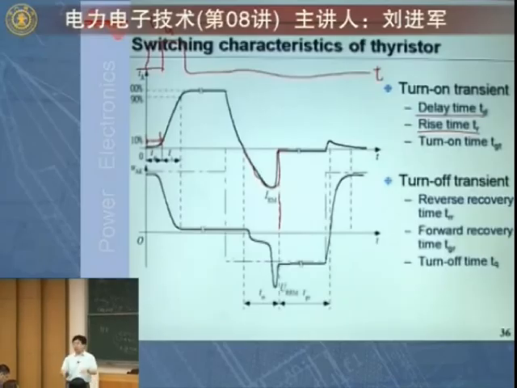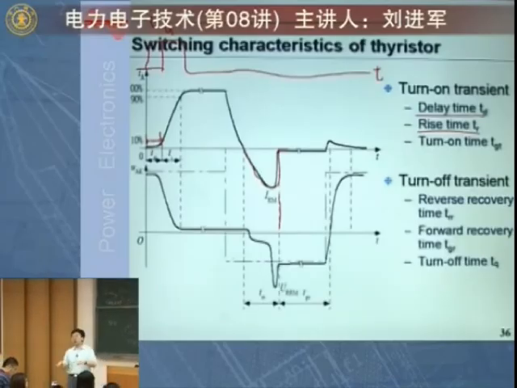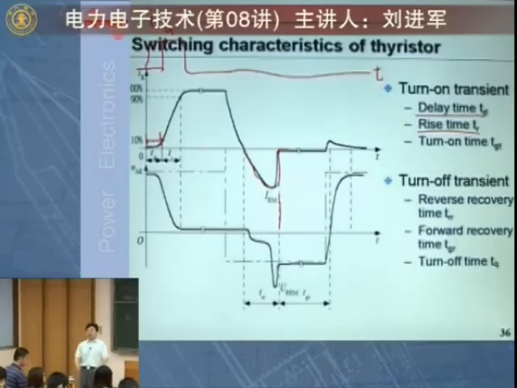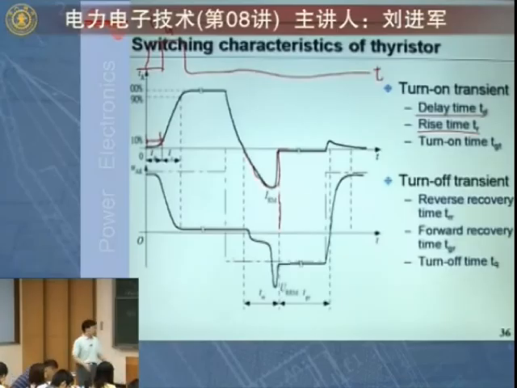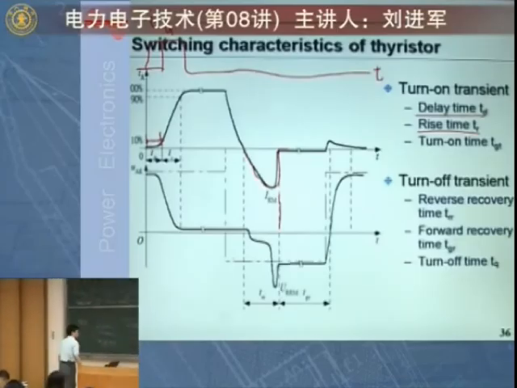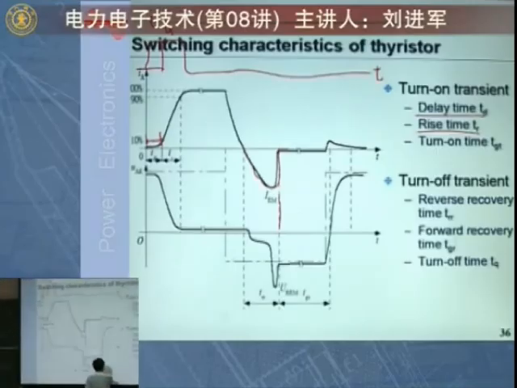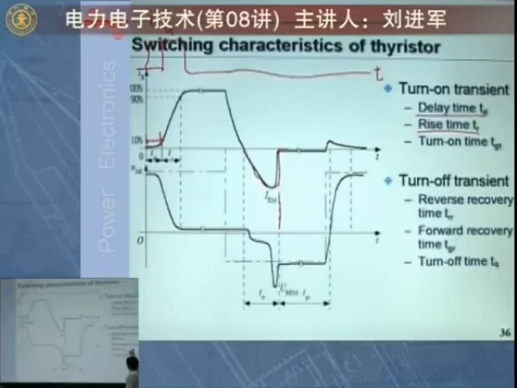The inside carriers are not well distributed to block positive voltage yet. You need some time for the thyristor to rest. This time is called TGR, the forward recovery time.